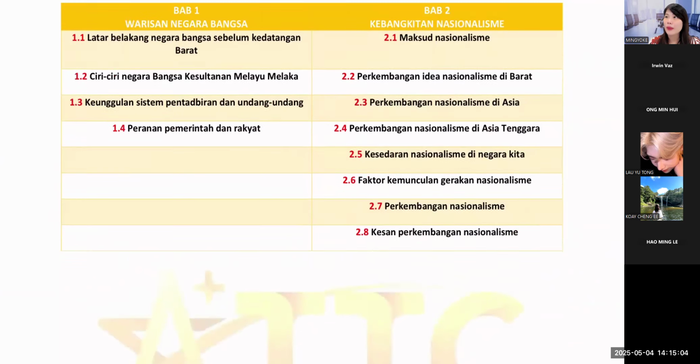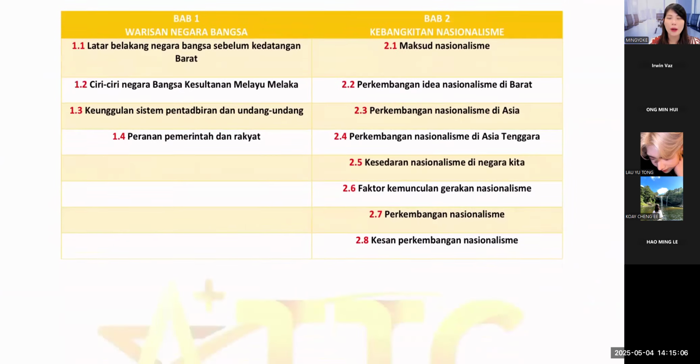Okay, now, under this case, let's go to our bab 1, which is talking about the country and nation legacy. Warisan negara bangsa, guys. Warisan negara bangsa refers to a country and nation legacy. First of all, what's the background? Before the Western came, we were known as Kerajaan Alam Melayu.